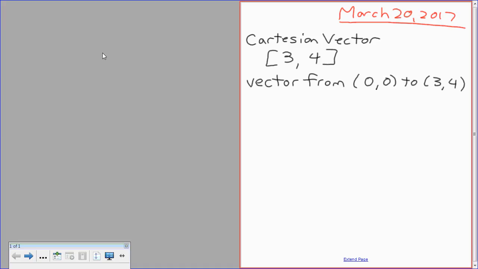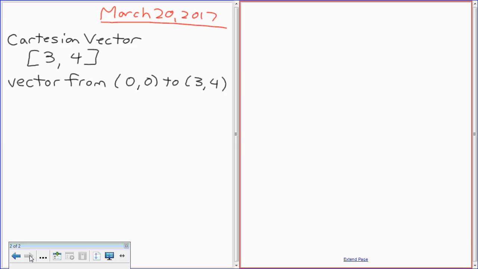All right, so let's talk about the dot product quickly. Okay, the dot product. Here's my diagram.